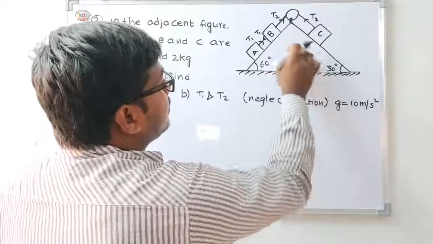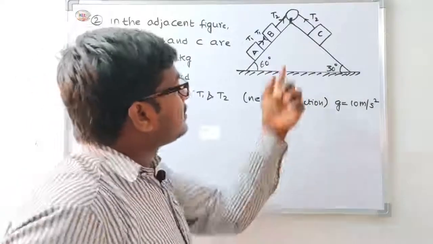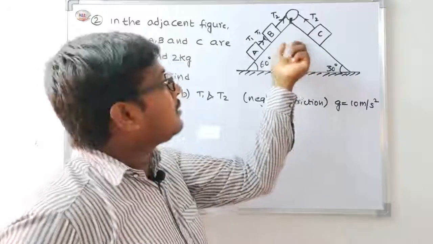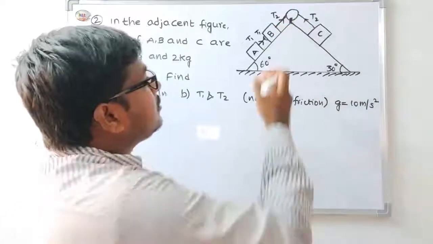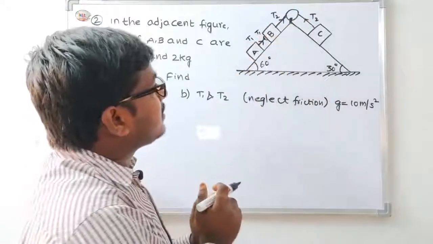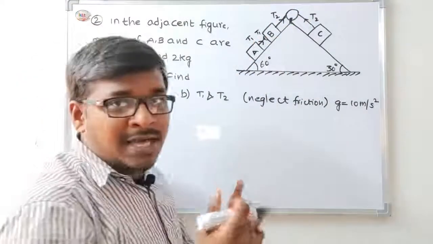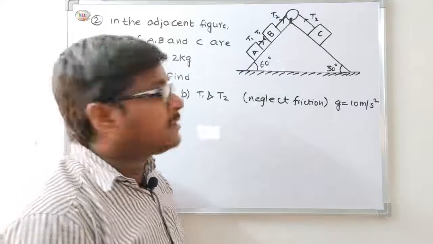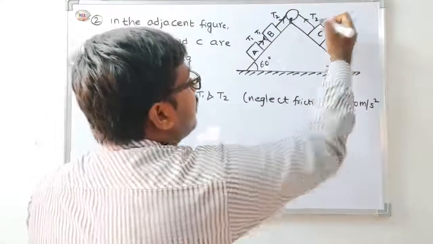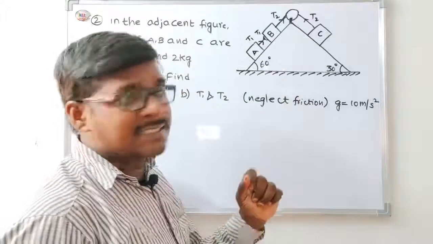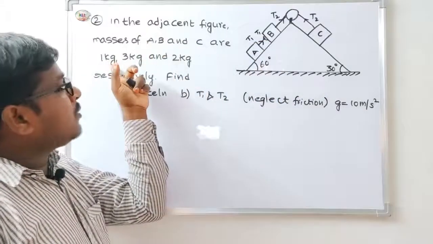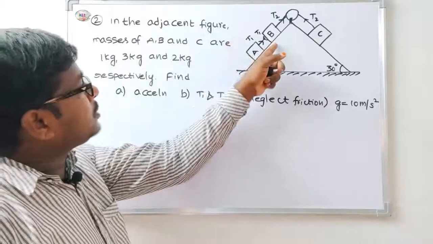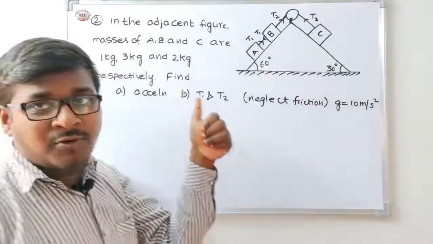In this figure, which is a triangular shape, the pulley is fixed at the top edge. On one side of the pulley, two blocks are connected with a string. On the other side, only one block is connected, that is C. In this problem, A is 1 kg and B is 3 kg, so 1 plus 3 is 4 kg.